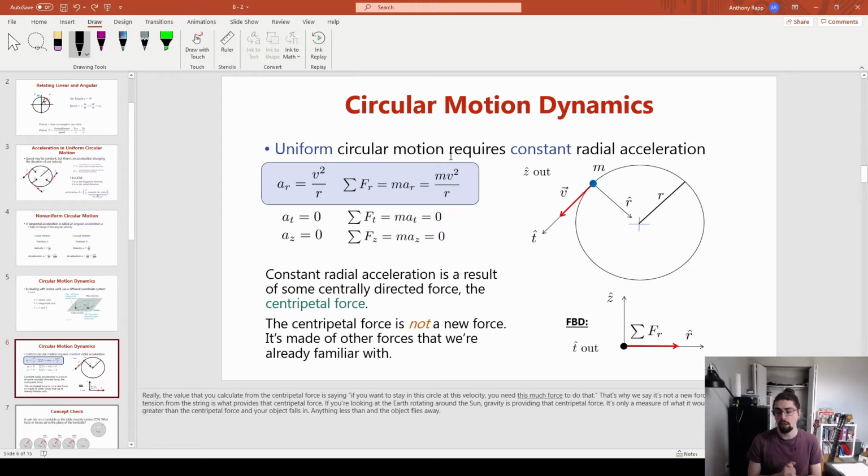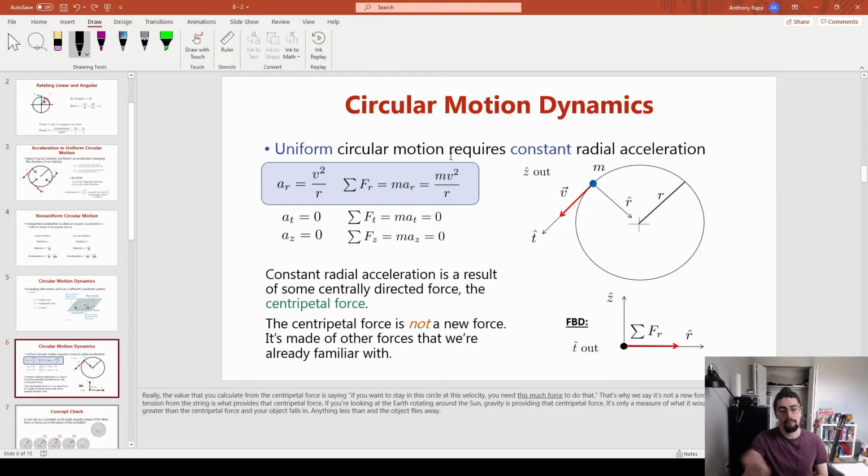Now, there's something a little bit tricky with this, though. And that is that the centripetal force is not a force. Well, it's not a real force, I should say. Let's imagine the scenario. I've got a yo-yo, and I'm spinning it around my head. And this is a hint if you're looking for the correct answer for this question.